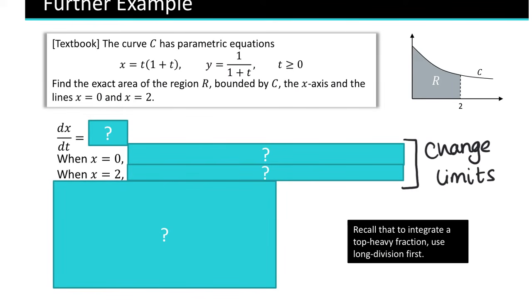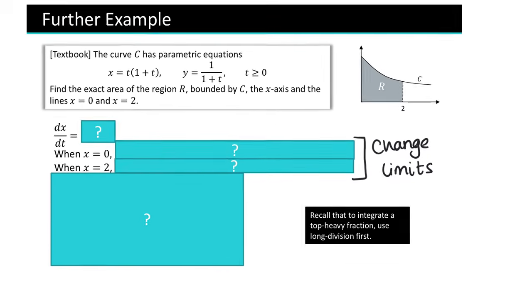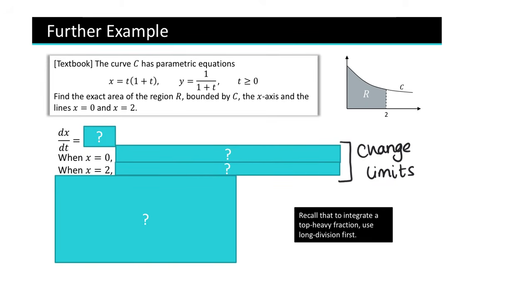Okay, so step 1, let's read the question, and we know straight away it's parametric, okay? It wants us to find the area, so we know we're going to have to integrate. We're going to do the integral of y multiplied by the differential of x with respect to t.